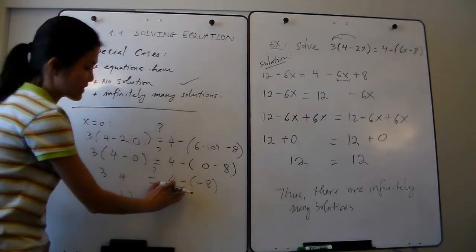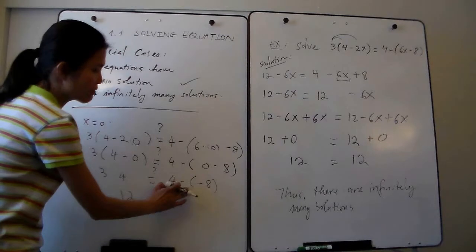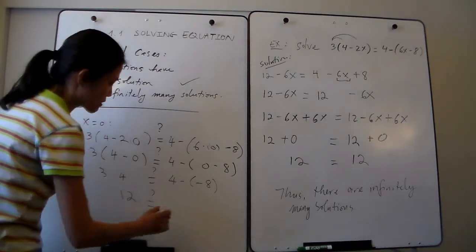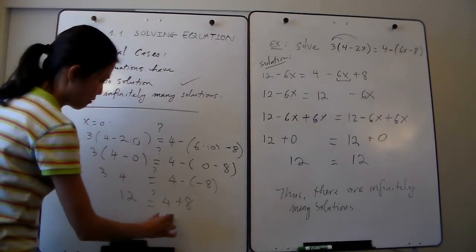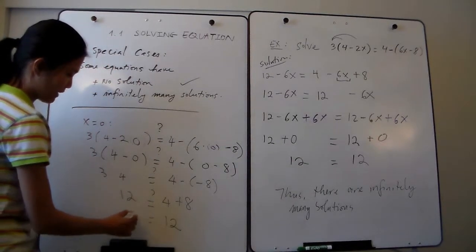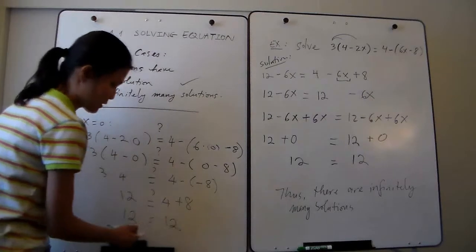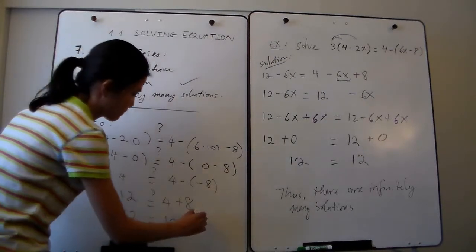This, again, you can treat as negative 1. So negative 1 times negative 8 is positive 8, so 4 plus 8 right here. Simplify, we have 12 on the right-hand side. Left-hand side is already 12. Does 12 equal 12? Yes, true.